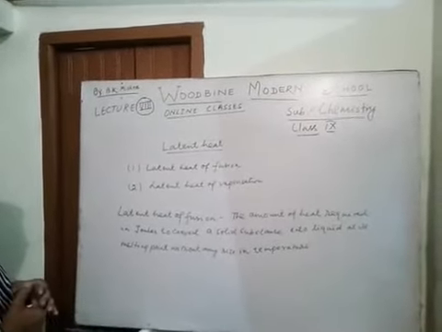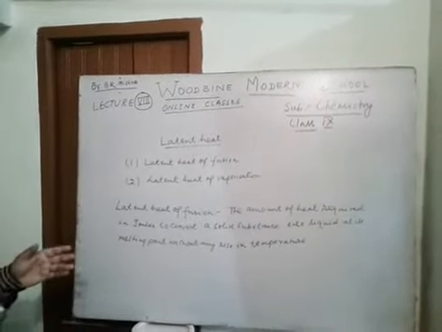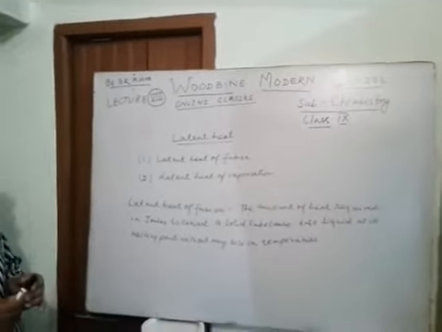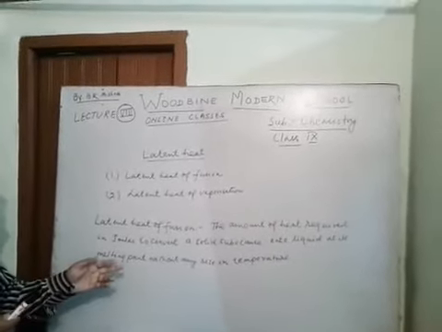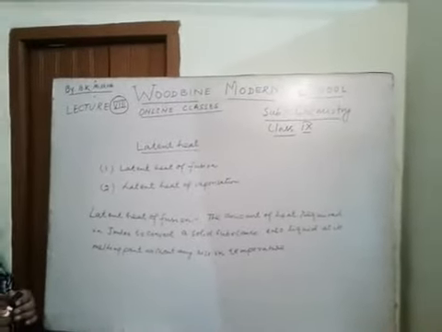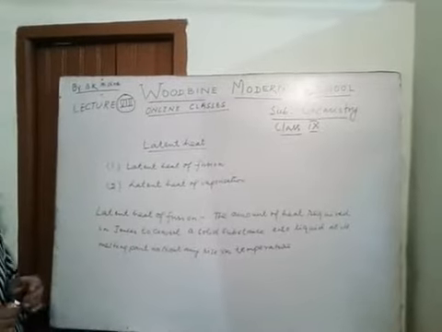One thing more can be added: the amount of heat required in joules to convert 1 kg of a solid substance into liquid at its melting point without any rise in temperature is known as latent heat of fusion.